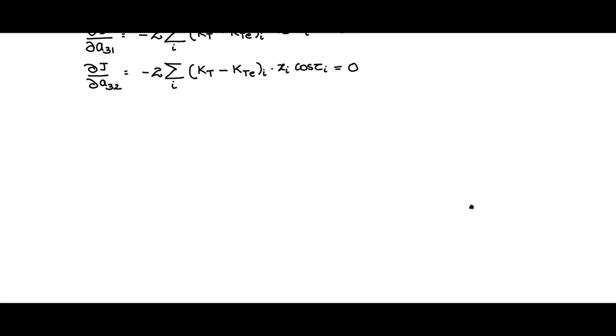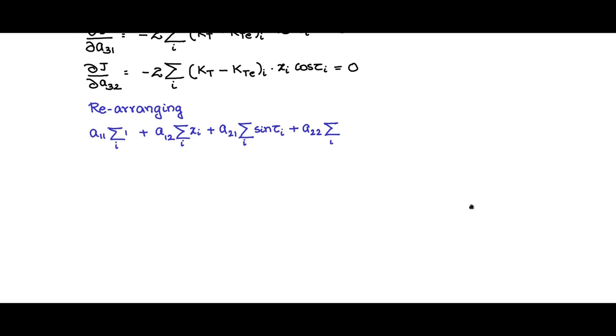So what we do next is rearrange. You have a11 sigma 1 plus a12 xi plus a21 sine tau I, a22 sigma xi sine tau I plus a31 cos tau y plus a32 sigma xi cos tau y equal to sigma kti.